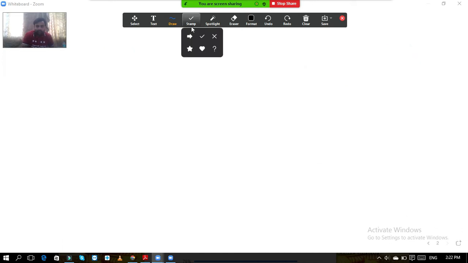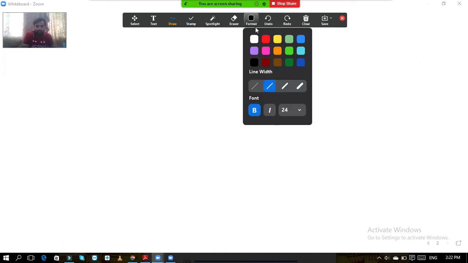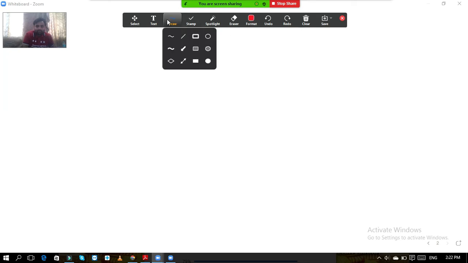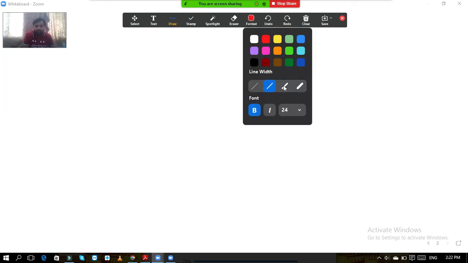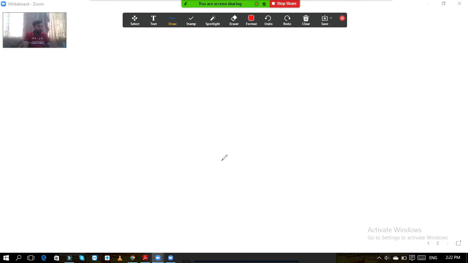Now we need to do our basic calculations. First of all, we need to find out the number of risers, number of treads, and effective span, and all the things. How are we going to find the number of risers and treads?